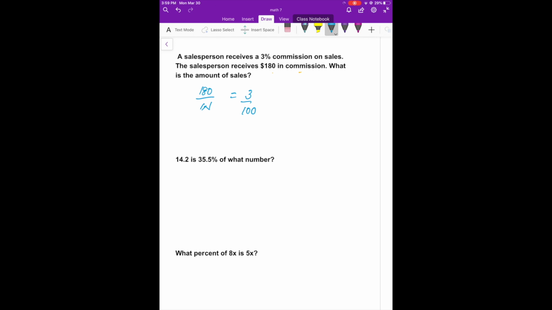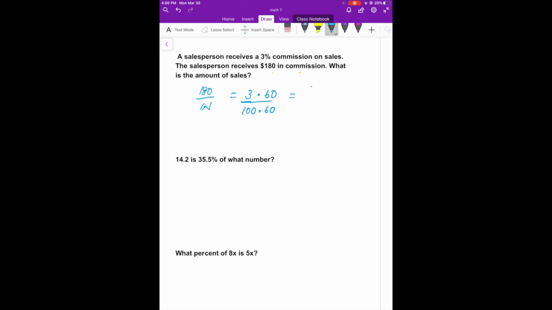Can we make the numerator the same? Yes, because if I multiply 3 by 6, I get 18, and if I multiply by 60, I get 180. So I multiply both numerator and denominator by 60.